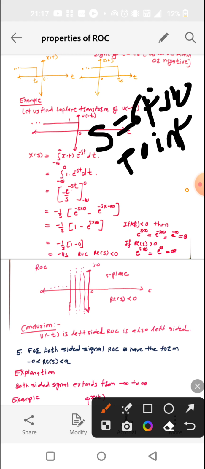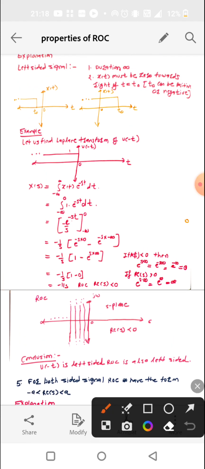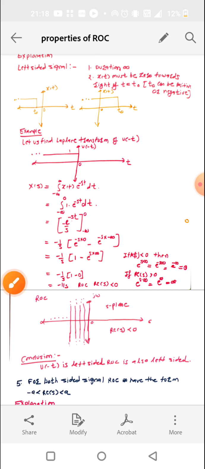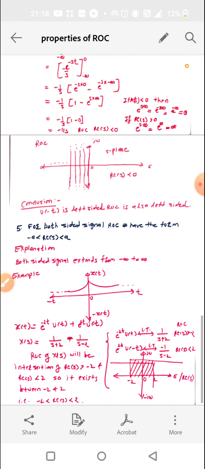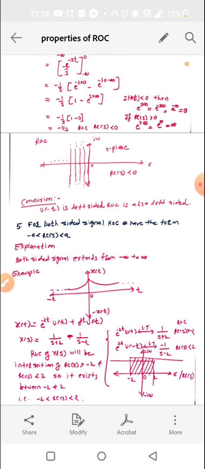And if s equal to sigma, or if sigma equal to anything a, then you will get one line. That's why the first point is that ROC is nothing but vertical lines parallel to the j omega axis. Fifth and final point is, for both sided signal, ROC has the form minus a less than real s less than a.